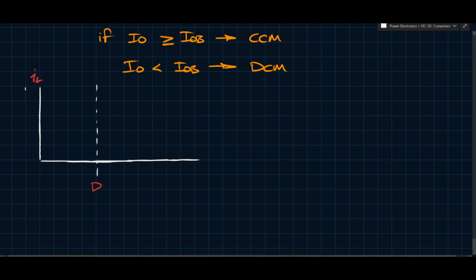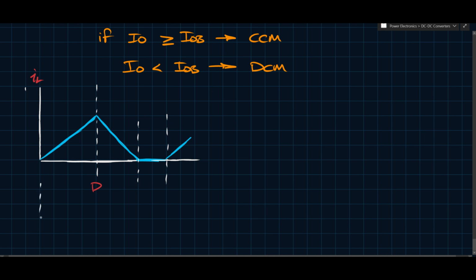So if this is IL, and we assume that this is now DCM operation, this would go up, and then it would come down here, let's say, and then it would be 0 for some time. So maybe we make it 0 for some time that doesn't look the same as the other two, and then it would start going up again like this. And so the way we define these regions is this part here, and then this part here.